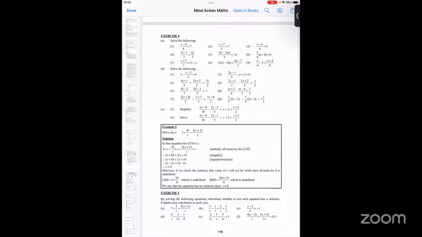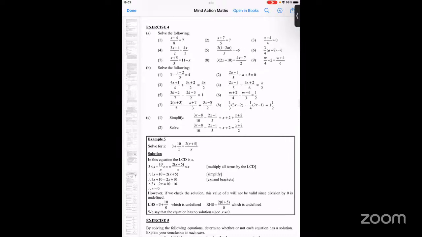So guys, in today's lesson, I think there is a need for us to emphasize this type of equation.